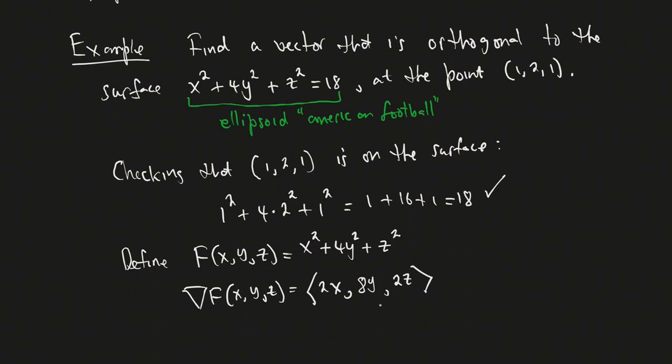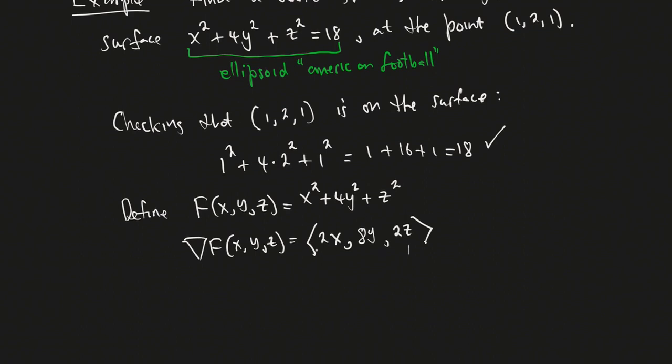So you can think of this vector now representing, for all the points that would be on this ellipsoid, a vector that's orthogonal to the surface. So this is always orthogonal to any point on the surface. And now at the specific point, at 1, 2, 1, here's what we can call our normal vector.